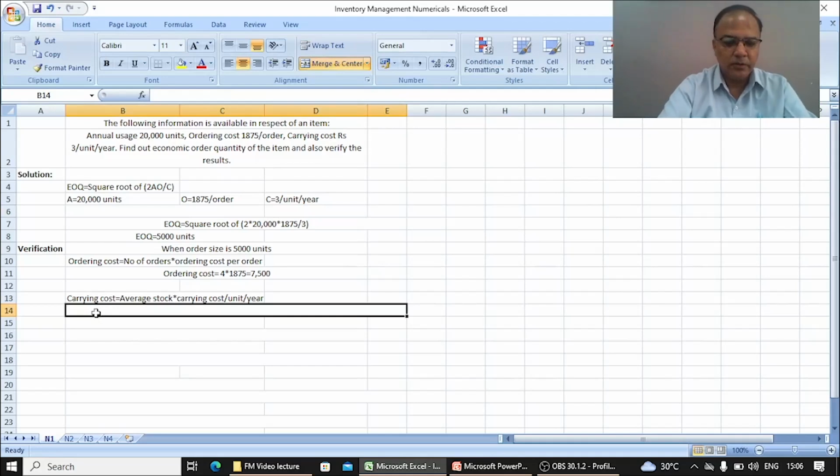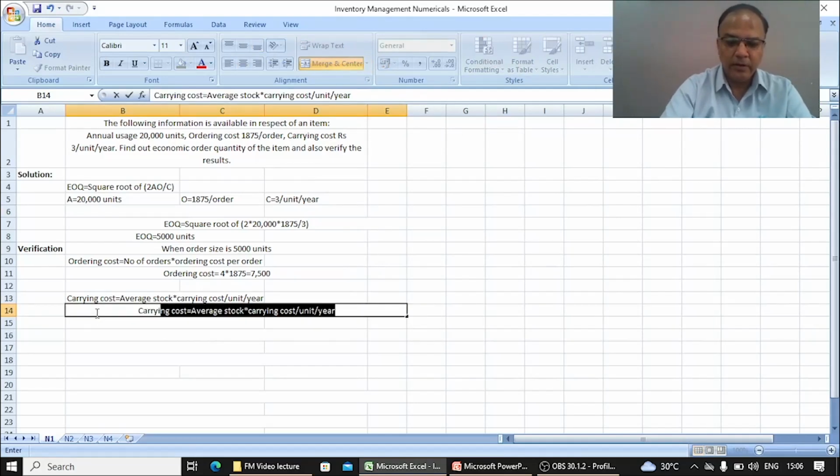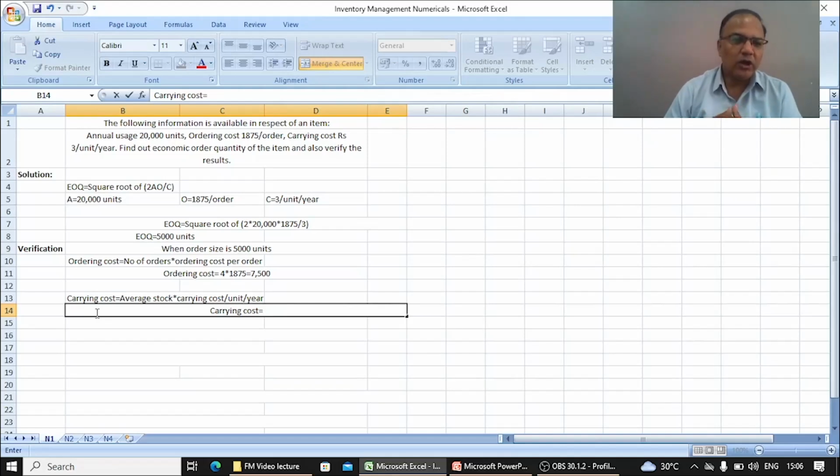Now, carrying cost is equal to average stock. First of all, average stock. Because you are having an order of 5,000 units, average stock means you have to divide by 2.